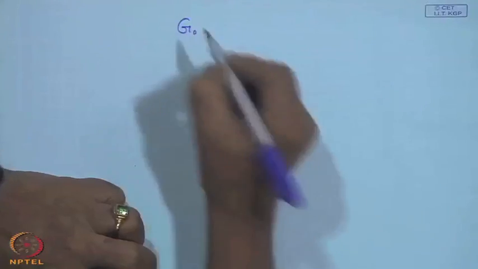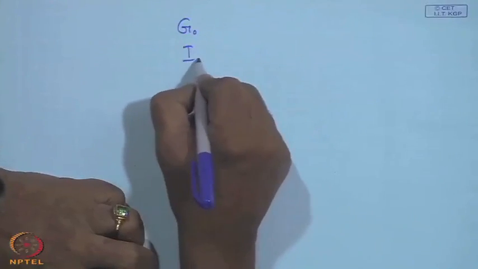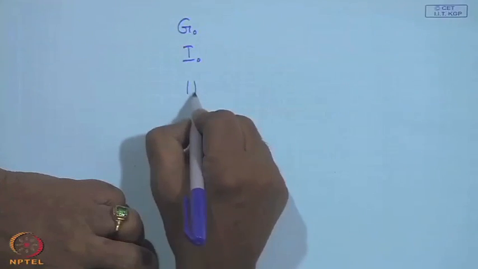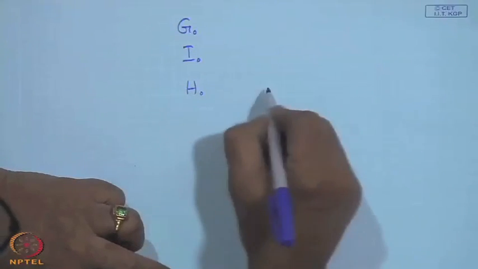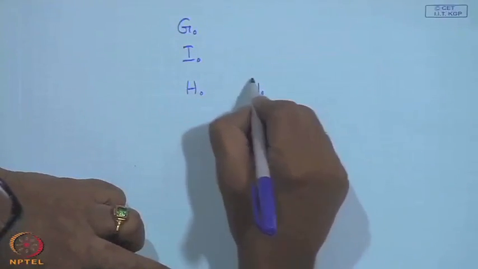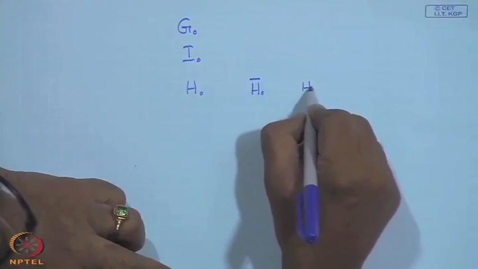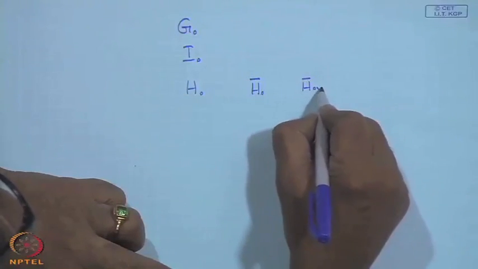Okay. So, we have G0, I0, H0 and H0 bar, and an H0 bar for the year.